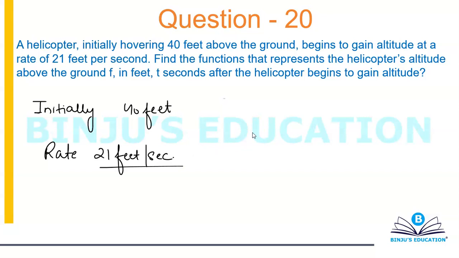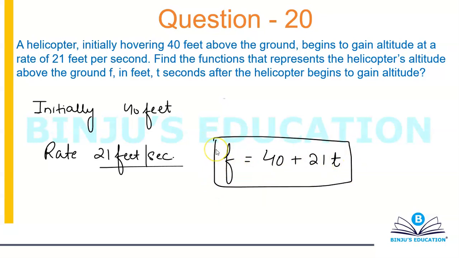So in t seconds it's going to gain 21 into t feet. So its altitude f can be represented as 40, which is the initial height, plus 21 into t, and that is your final answer. This question was a simple one, right?